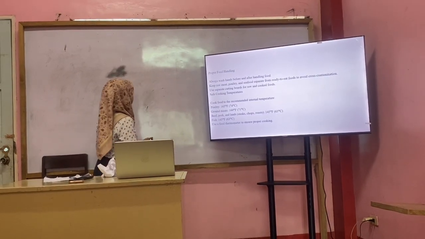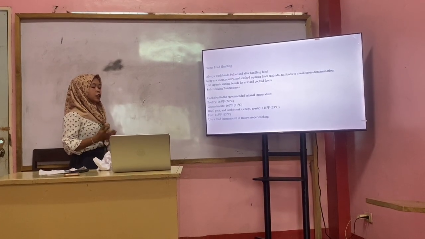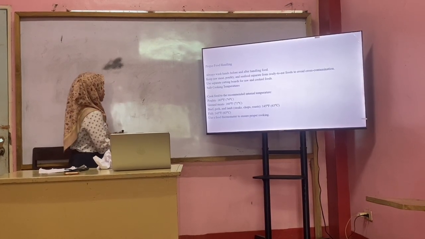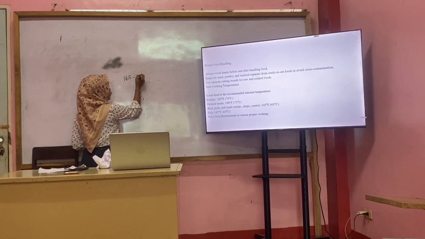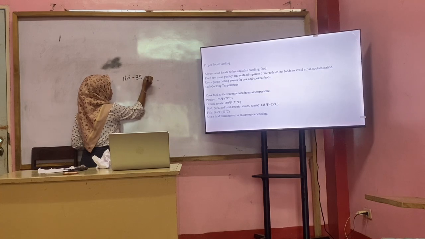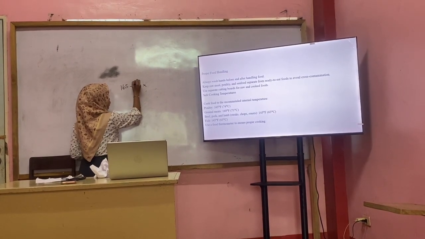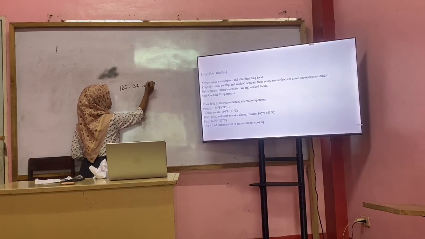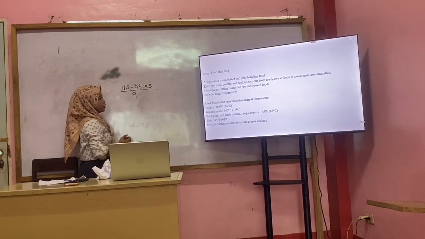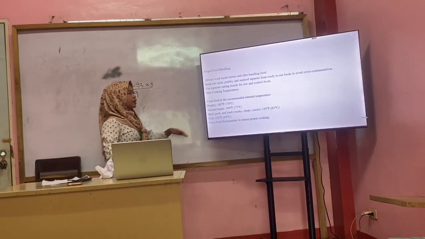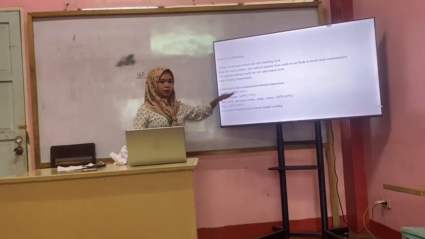So, in getting the Celsius, if the degrees in the instruction is Fahrenheit, you need to take 165 minus 32, times 5 and divide it by 9. Very good. So you will get 74 degrees Celsius.